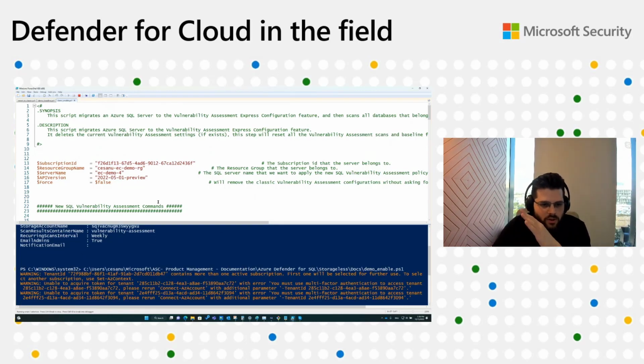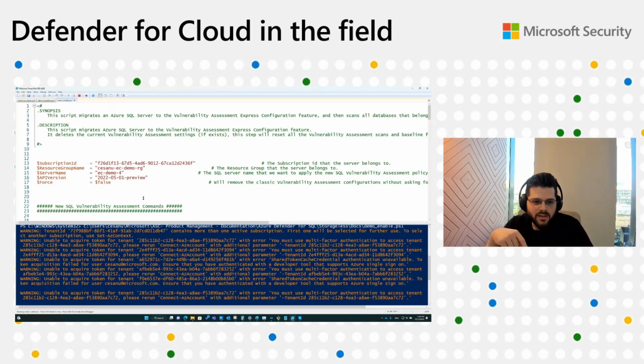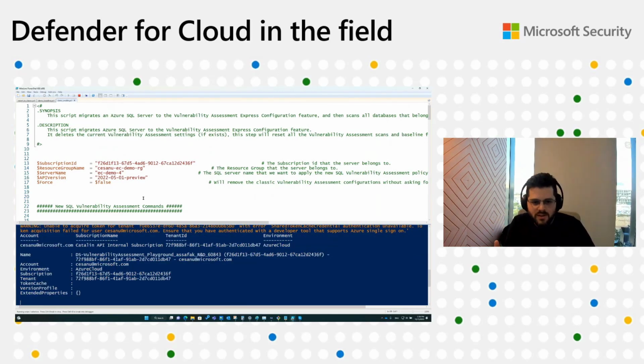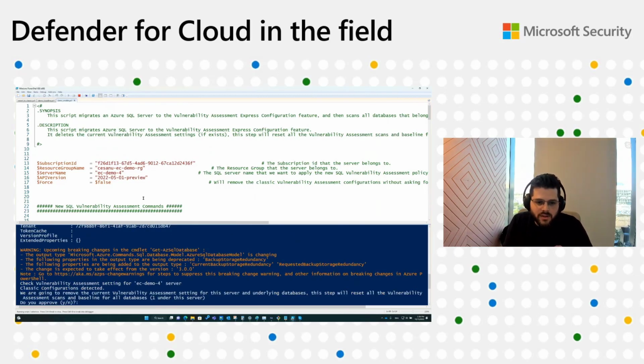It will clear all the underlying policies, and then set Express configuration on the server level. This is a good time to mention that Express configuration works only at the server level and not database level. And that goes with the thinking that we'd like to protect all the databases under a server and not specific ones.